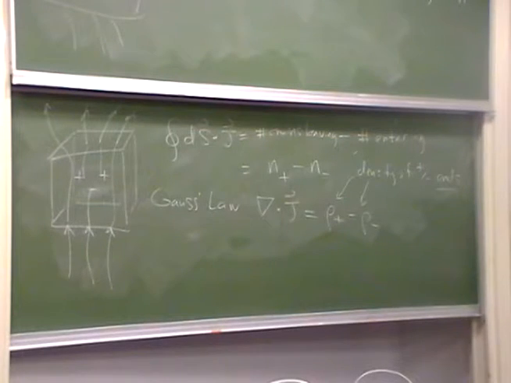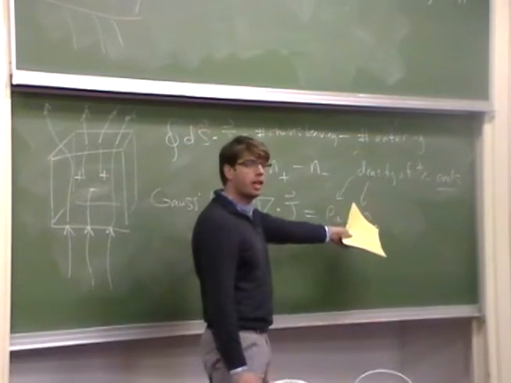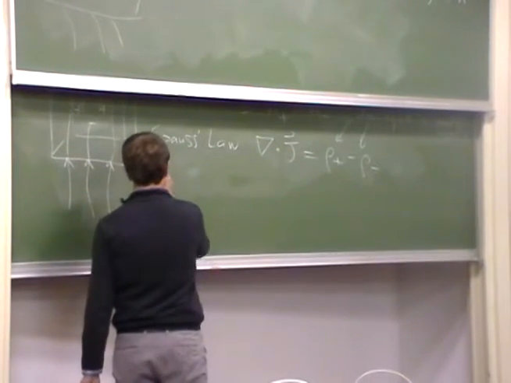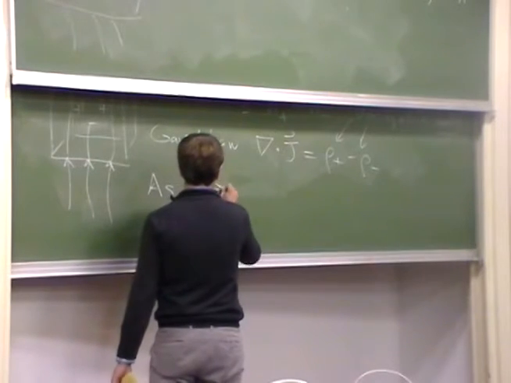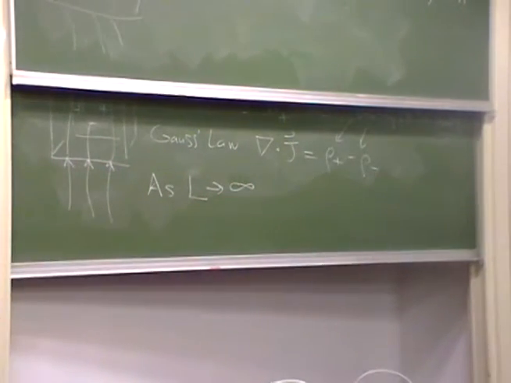Now, what do we expect this density of number of chain ends to be in the limit that L, the length of the chain, goes to infinity? I said fixed density. Somebody said 0.